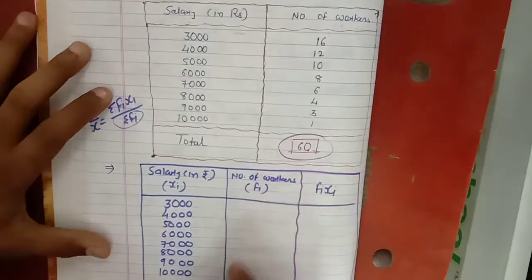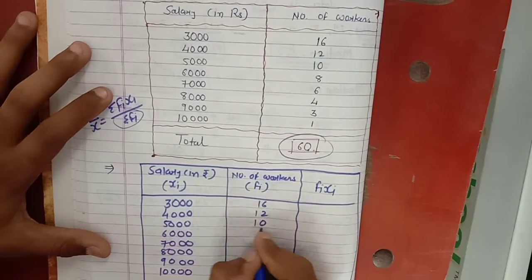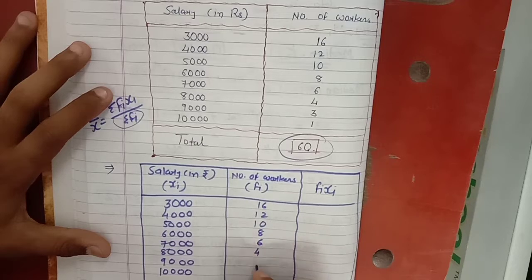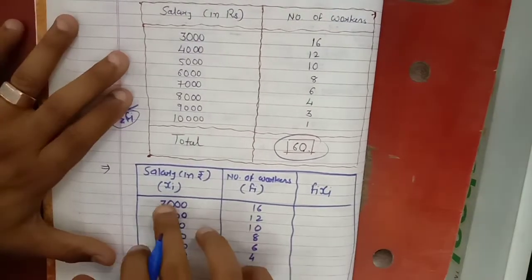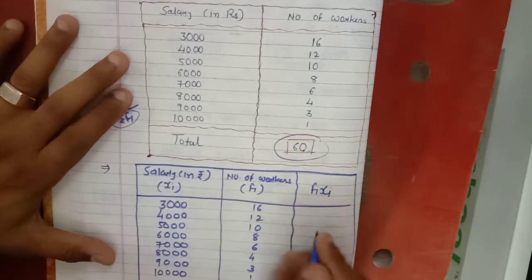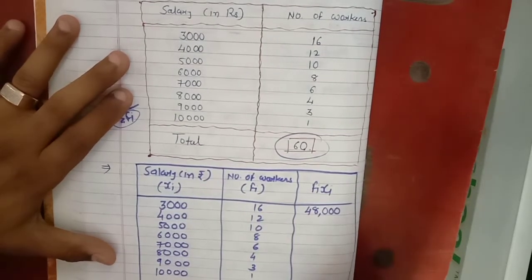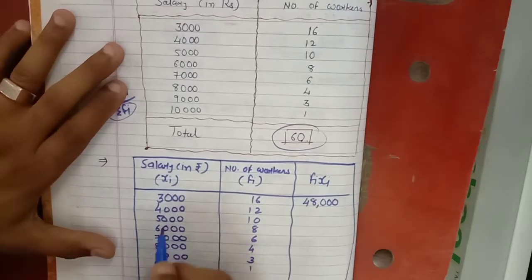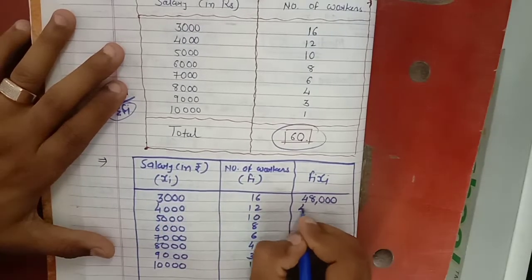Values of fi: 16, 12, 10, 8, 6, 4, 3 and 1. Just multiply these two. 16 3s are 48, so 48,000. 12 4s are again 48,000.